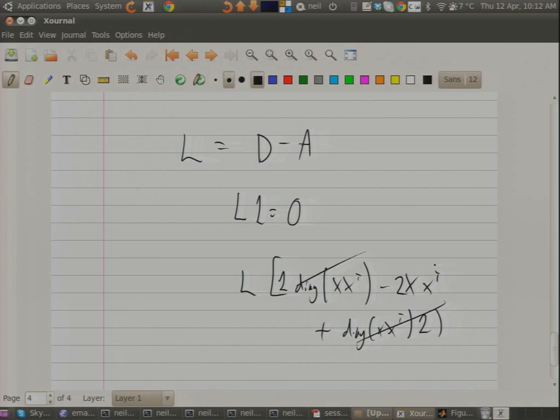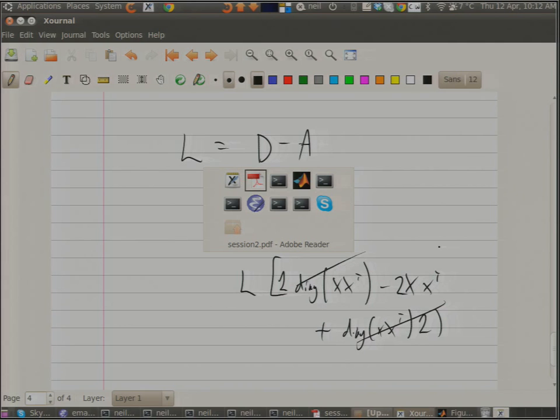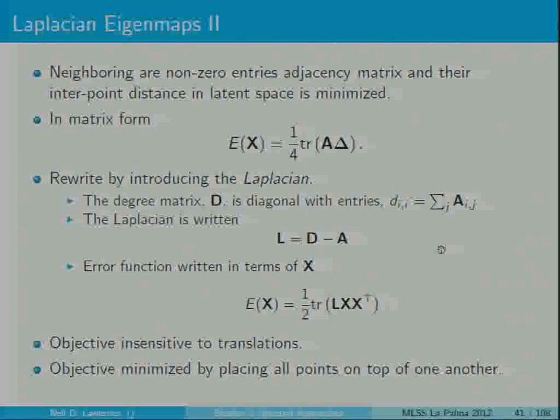So in rough sketch, that's a nice trick. It's also used in spring systems, which we'll mention a bit later, to turn what was a function in terms of a distance matrix into a function in terms of an inner product matrix. And this thing turns out to be quite straightforward to minimize.